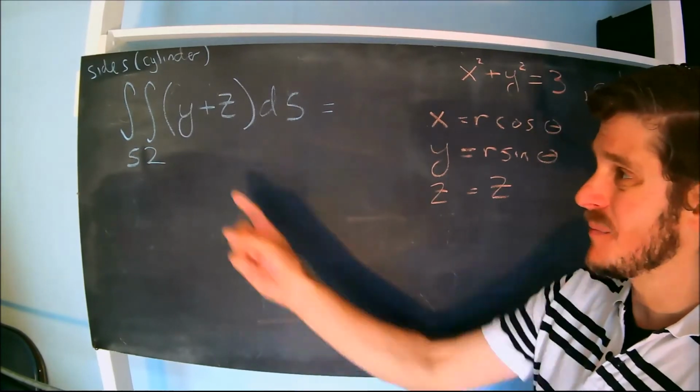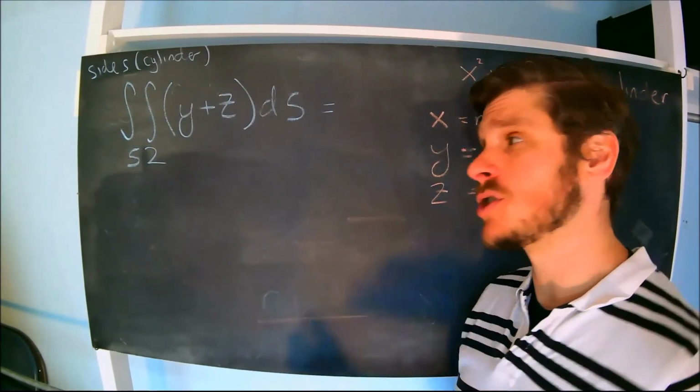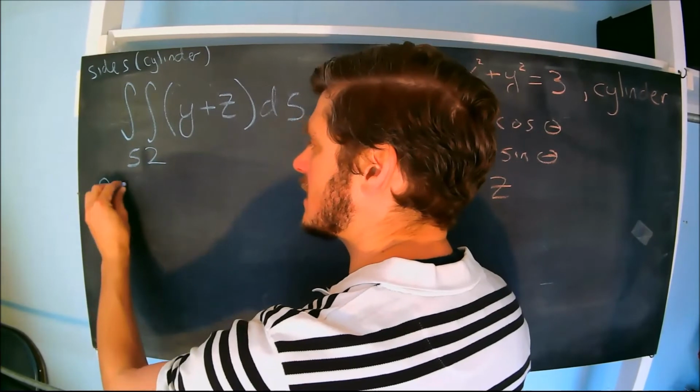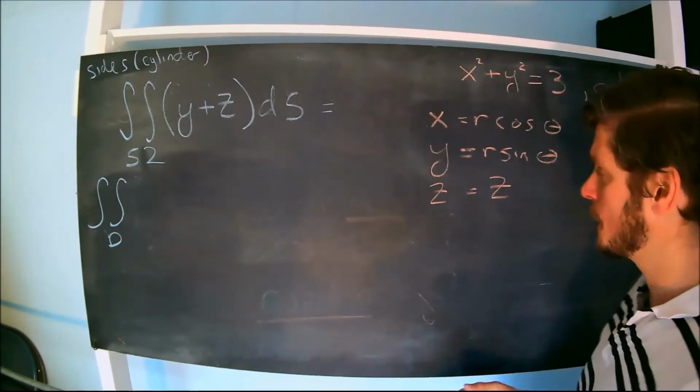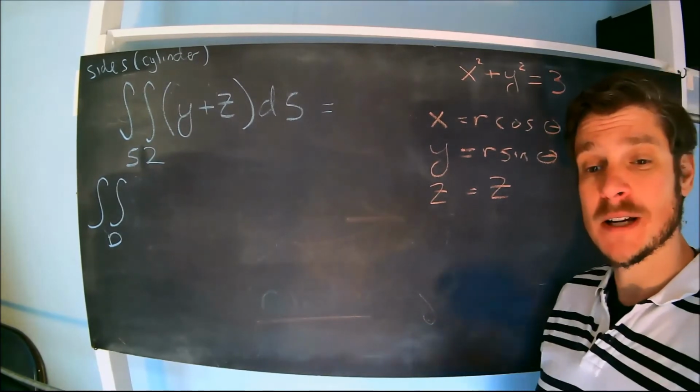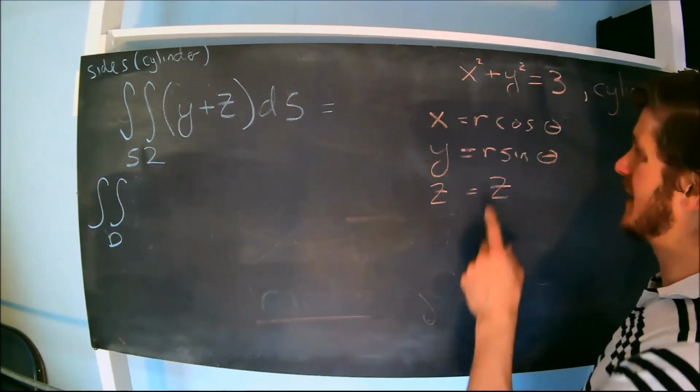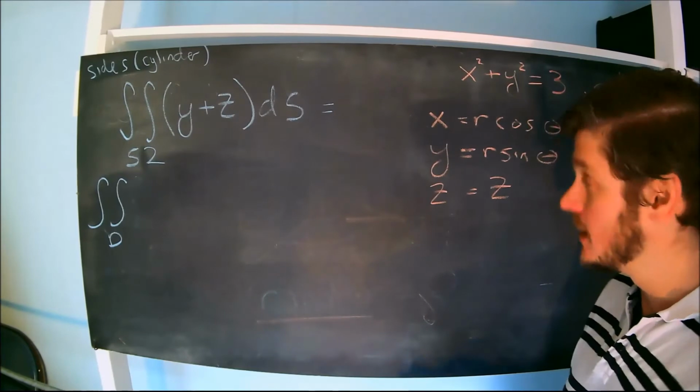But again, the issue is, my surface integral here, what I'm trying to eventually do is write this as just a double integral over region D, if I can. And that double integral means only 2 variables. But I have r's, thetas, and z's.